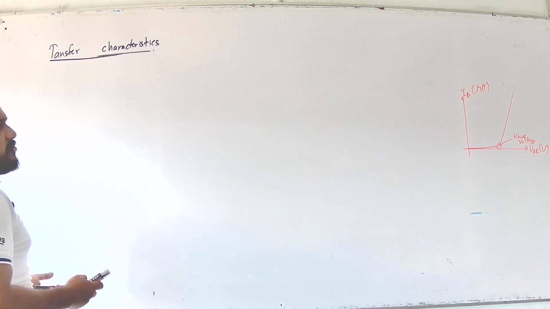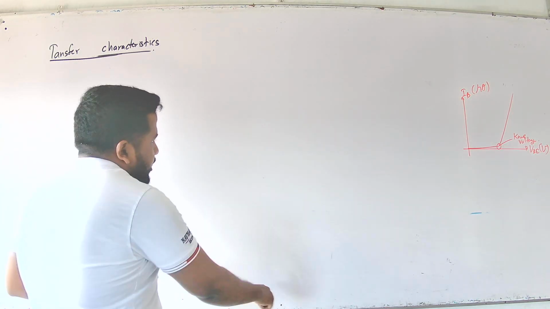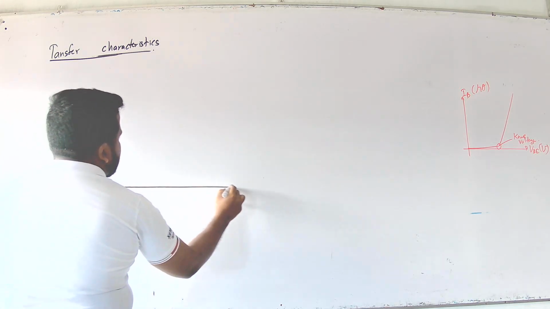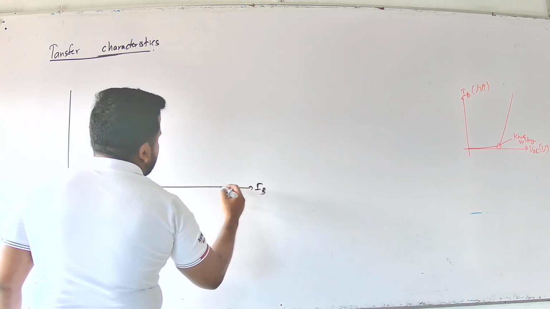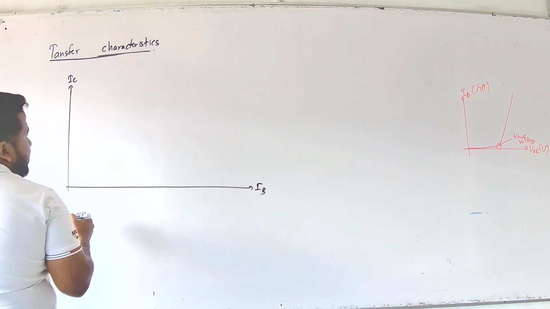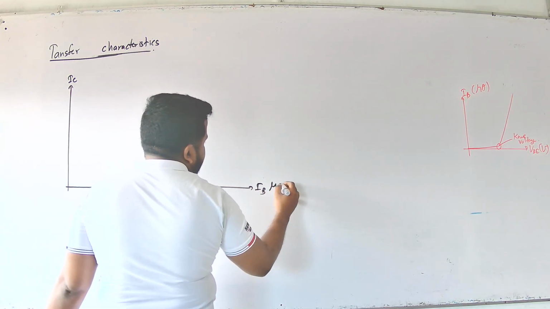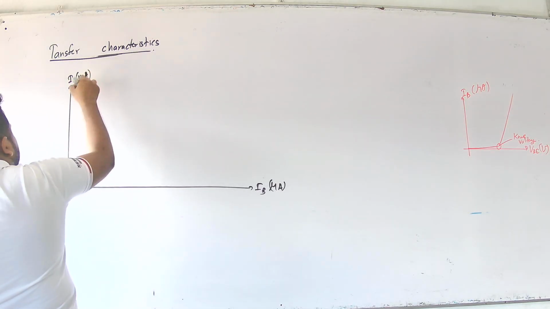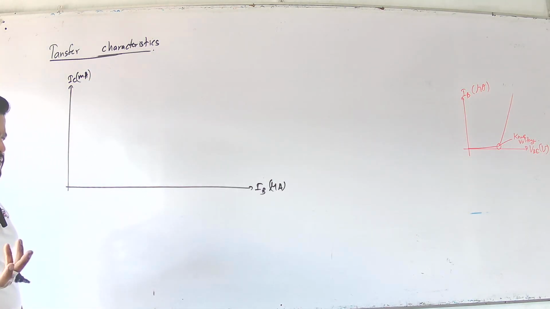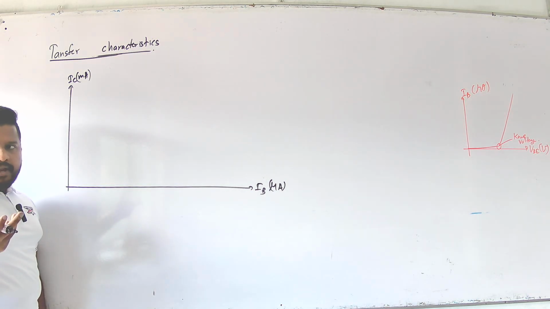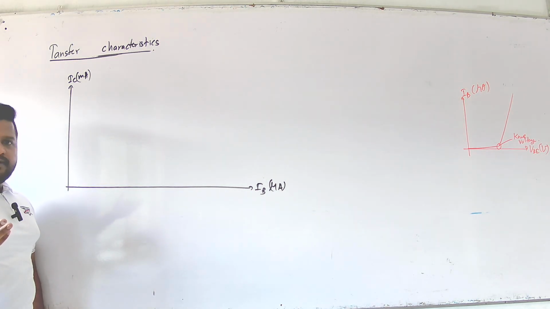So transfer characteristic means we are changing the IB and measuring IC. The transfer characteristic IB is in microampere range, IC is in milliampere range. When there is no current in IB, there can be current in the IC.